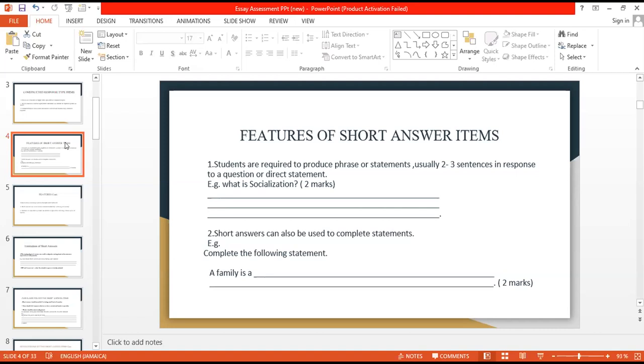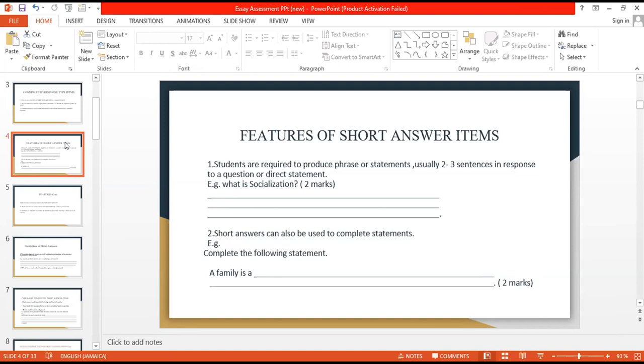When you're working questions, the best thing to do is to make sure that you specify how much response you require. Do you require 1 sentence? Do you require 2 sentences, or will you allow 3?